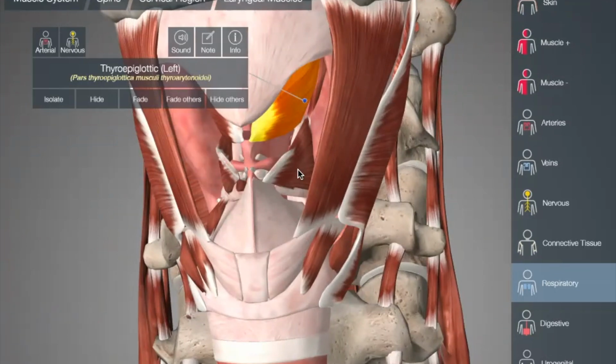And you will have two vocal cords that are present here that are either pulled on or relaxed. Once they're pulled on, you create a higher pitch. Once they're relaxed, you create a lower pitch. And these muscles are the muscles that contract or release those vocal cords.